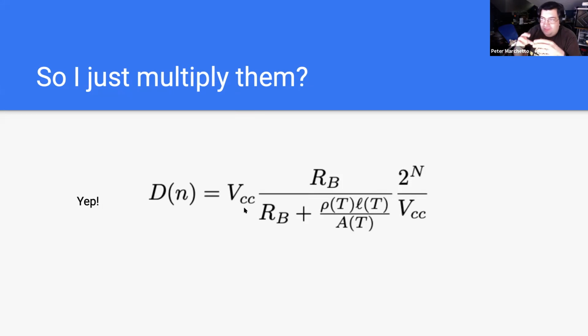And that whole thing is basically how resistive this thing is at a particular temperature, times its length at a particular temperature divided by its cross-sectional area at that temperature, all of which change continuously. And then we multiply that whole mess by how many bits we've got to work from divided by how many volts they span across.